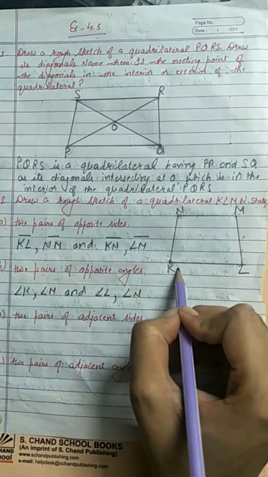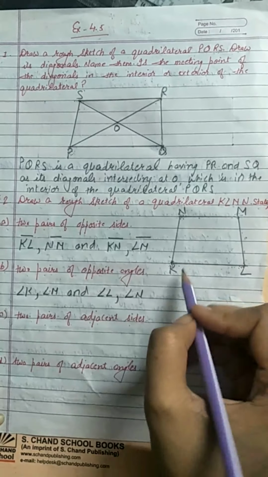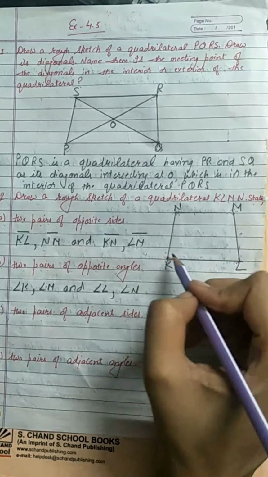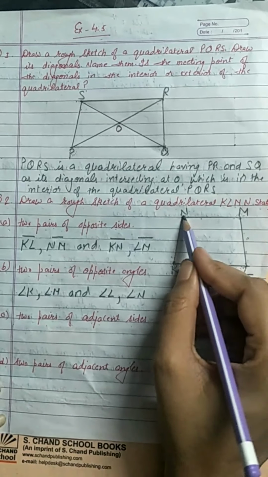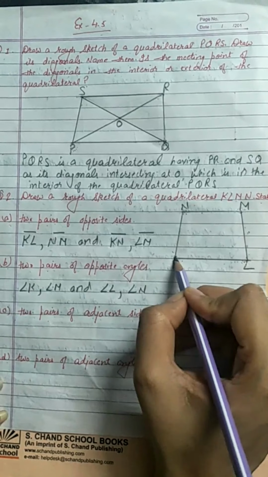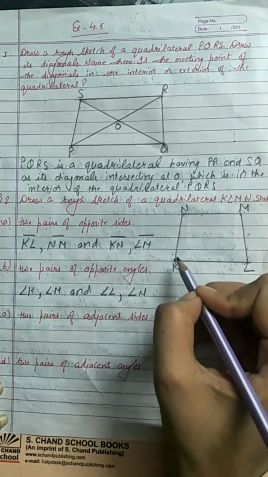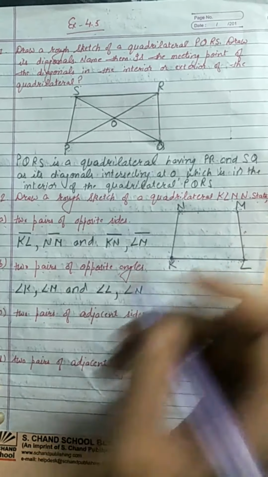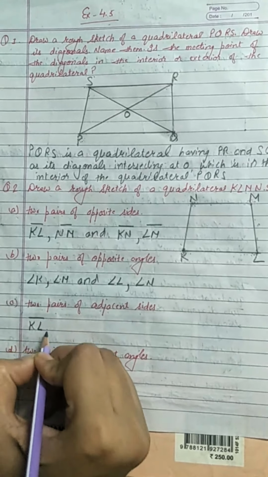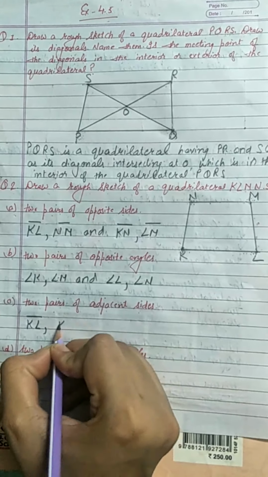Now see, here we have to write the two pairs of adjacent sides. Here I am taking KL and KN. These two sides are adjacent because K is the common vertex. So the first pair is KL and KN. So here we will write first pair KL, KN.